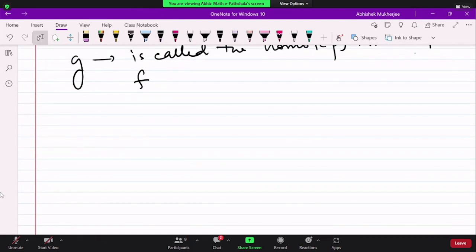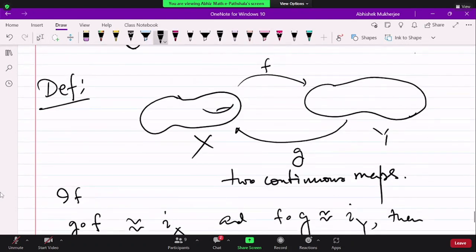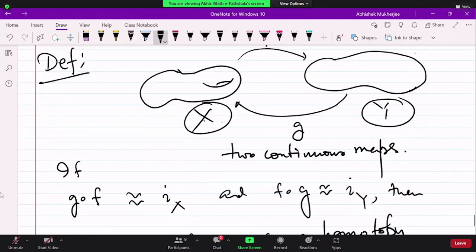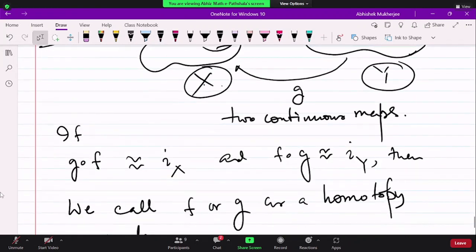So in this way, you can define a relation in a class of spaces. If you consider a class of topological spaces, you can say that if you take any two spaces X and Y, then X is said to be homotopy equivalent to Y if it is possible to construct a continuous map F from X to Y such that F is a homotopy equivalence.